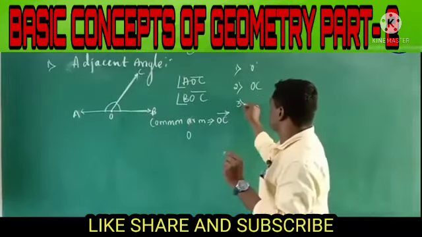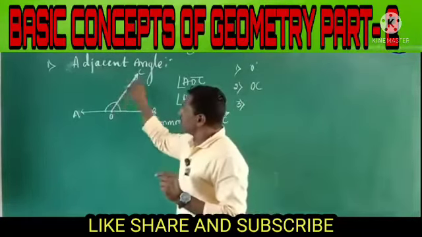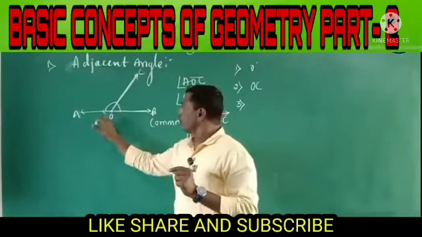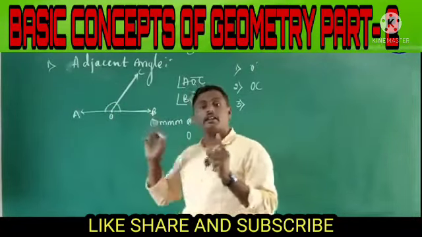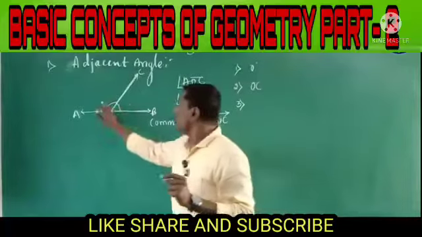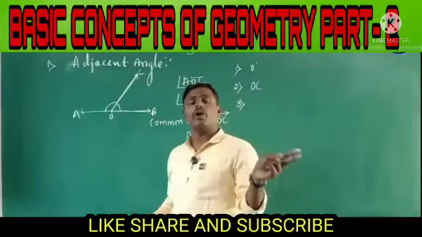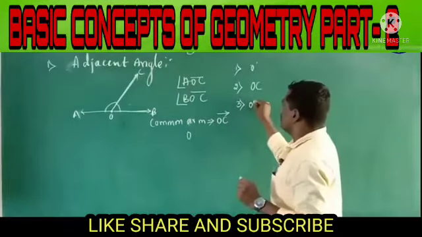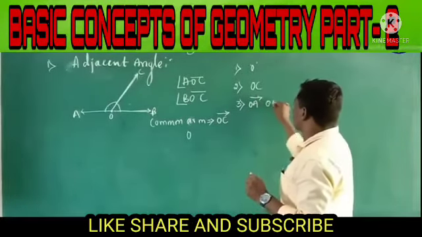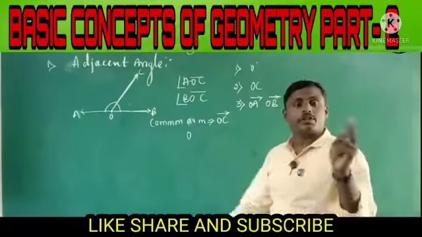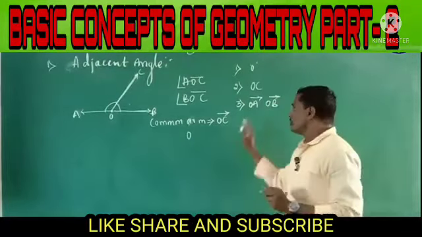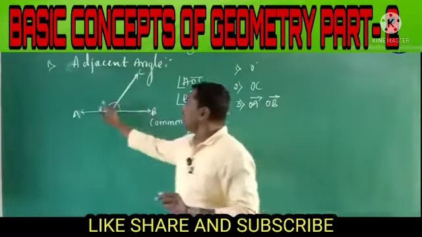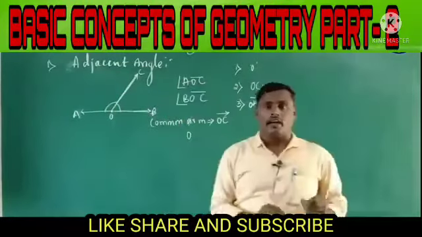Third one, here other two arms are there. OA and OB are the other two arms of the two angles, and these two arms are in different directions. So OA and OB are the two rays or two arms of the two angles which are in the other direction of the given angles.